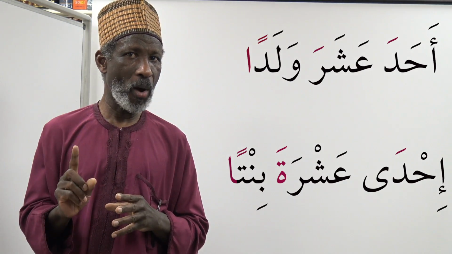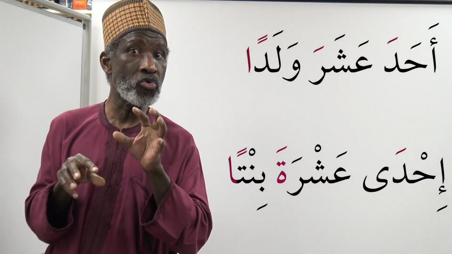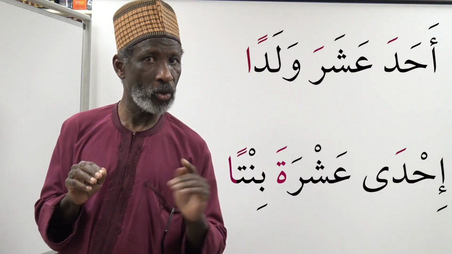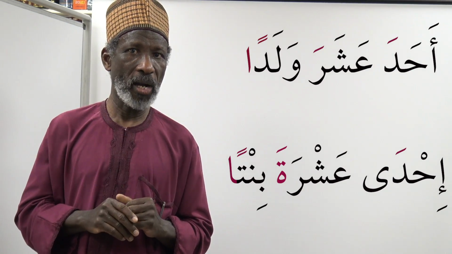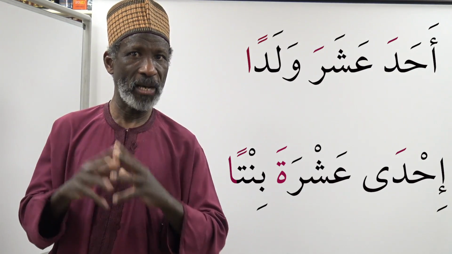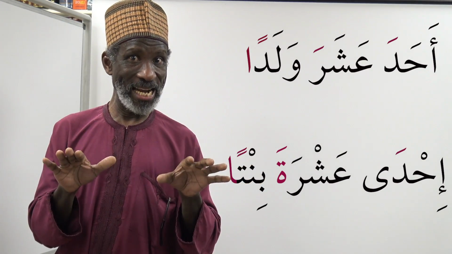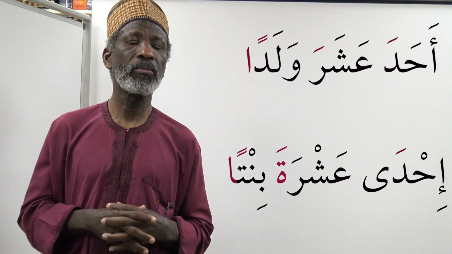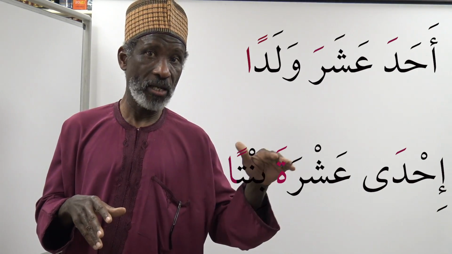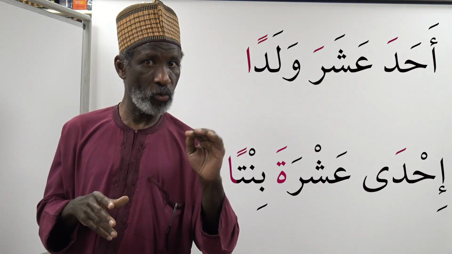Ahada, that's number 1 and is masculine. This is the form of number 1 you use when you want to say 11. You don't use wahid. So ahada, 1, carrying fatha, and it's masculine. Ashara, that's number 10, masculine and carrying fatha. Waladan, boy, is singular and has 2 fathas.